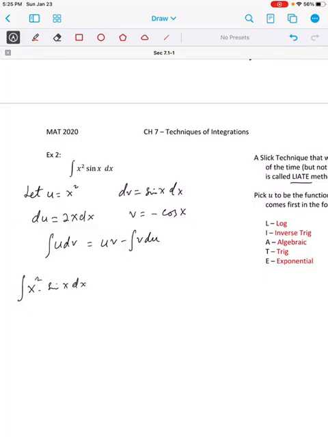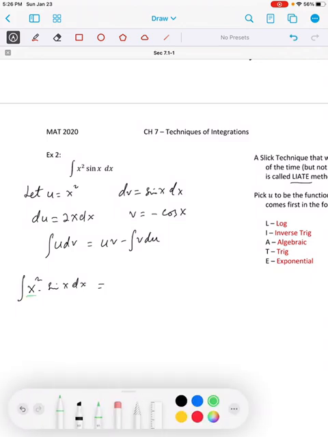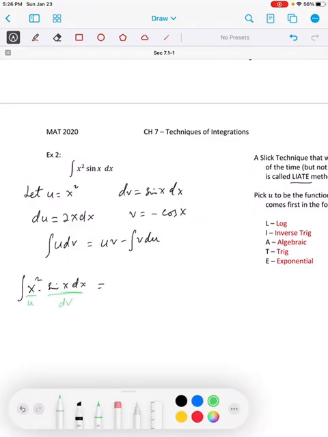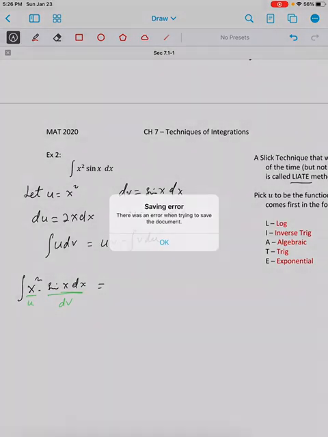So x squared times sine of x dx equals, now remember, it is very important that you remember what is u and what is v. Just to remind you, this is your u and this is your dv. So this is now u times v.